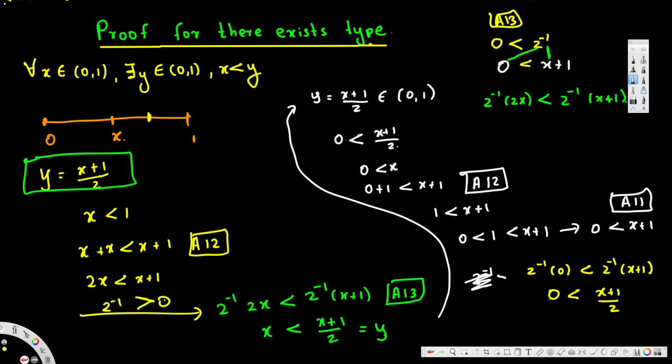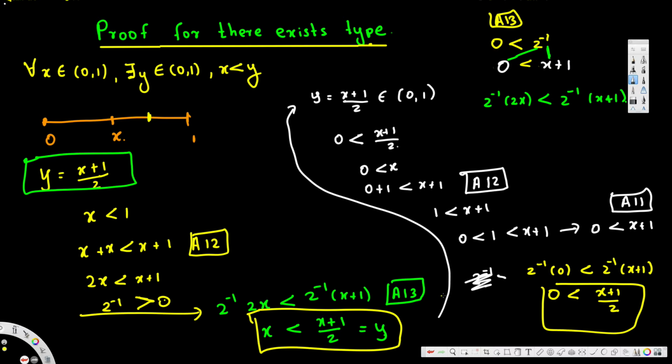Okay. Now we proved that x plus 1 divided by 2 is greater than 0. Now we have to prove x plus 1 divided by 2 is less than 1, because we have to show this value stays in between these two, 0 and 1. So these are the important things you have to notice.